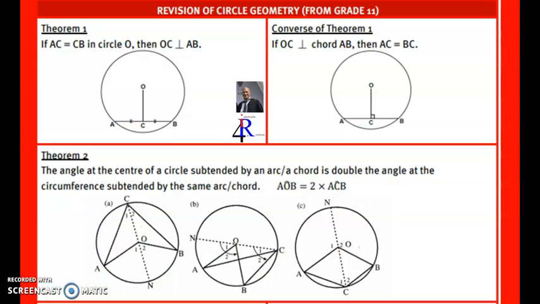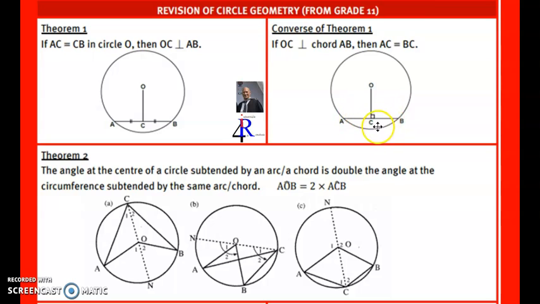Let's quickly look at the different theorems that we already know. We know theorem 1, which states that the line from the center of a circle to a chord that bisects the chord is perpendicular to the chord. The converse theorem: a line from the center of the circle that meets a chord at 90 degrees bisects the chord.